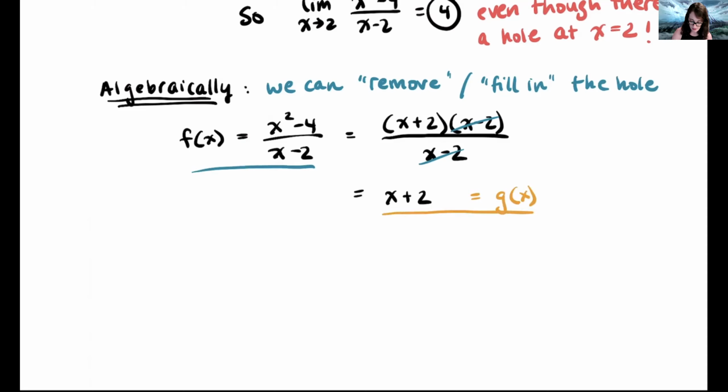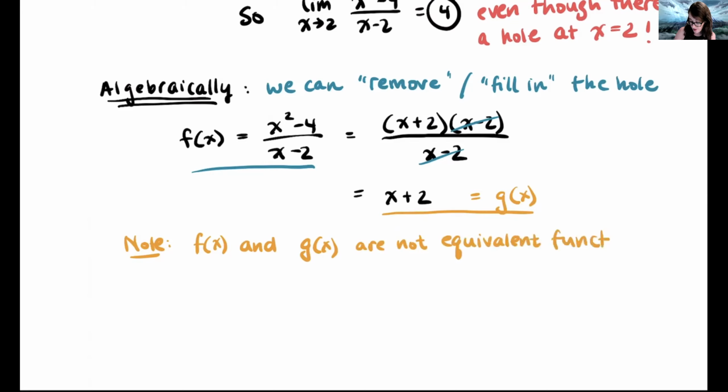It's important to keep that in mind, more of a conceptual understanding of what we're doing here. f of x and g of x are not equivalent. They're not the same functions for several different reasons, right?